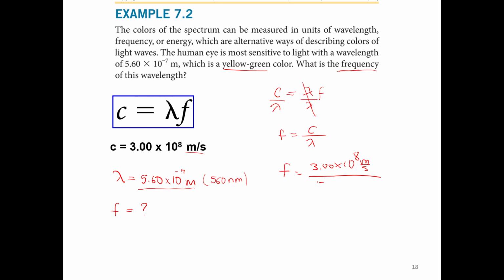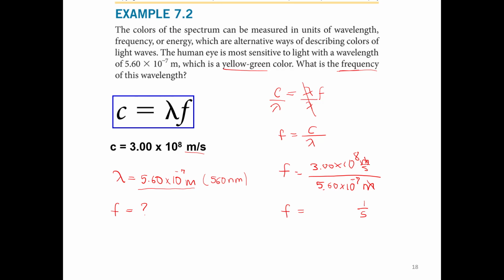And we have consistent units, then no problem. 10 to the power minus 7 meters. And let's see, meters cancel out with meters. And what we have on top is 1 over second, yes? And this is the units for frequency, and units are correct.